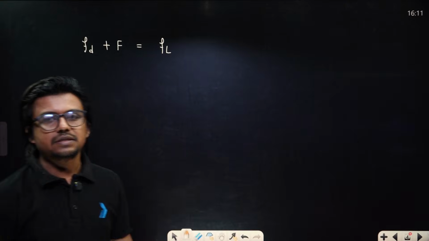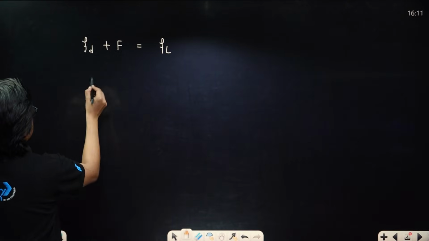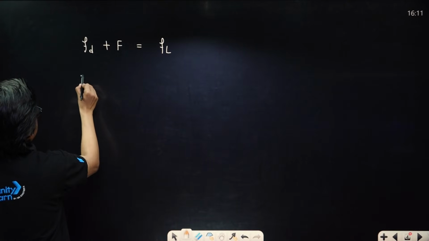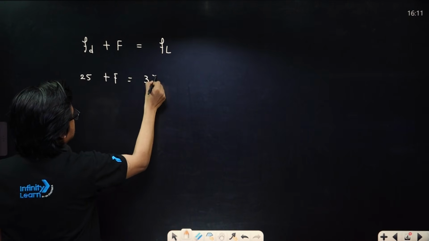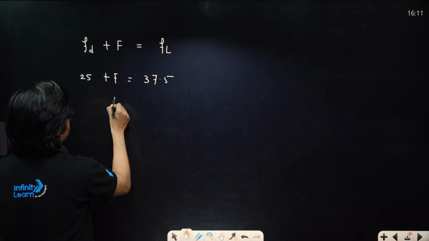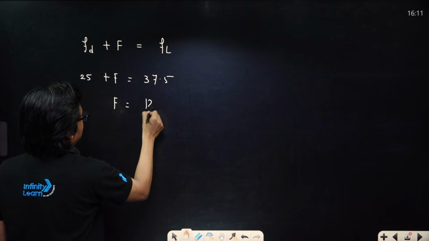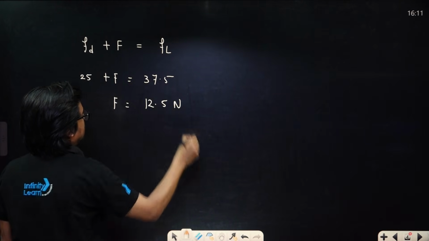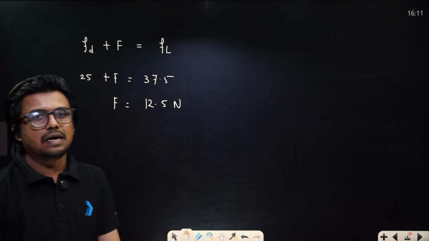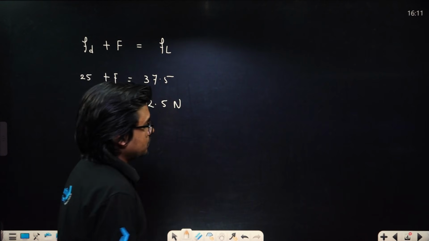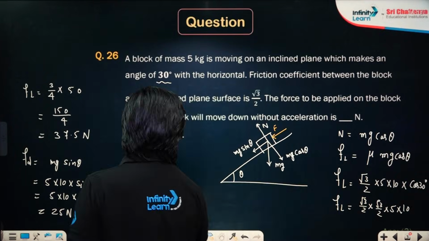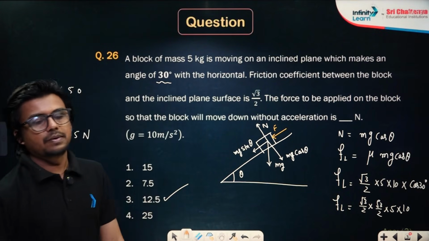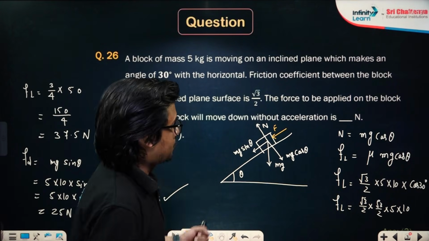For no acceleration, this is the condition. Now you can write the driving force, which is 25, plus F is equal to 37.5. So the force required so that it can be pushed without an acceleration down the inclined plane is 12.5 Newton. So the third option is the correct one.